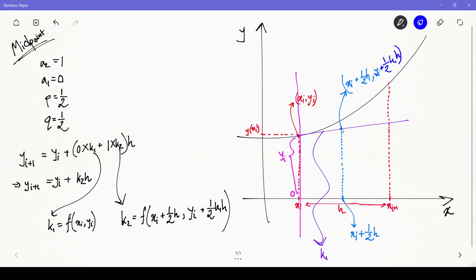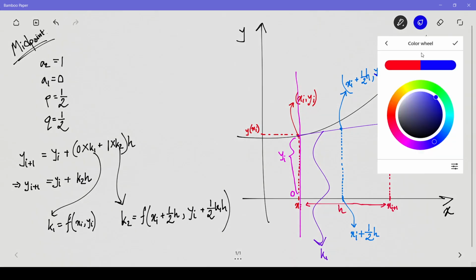This is the exact coordinate at the point I am hovering over with my cursor. At this point, I need to find the value of the bivariate function, and when we do that, we will come up with our value of k2. So let's use a different color.